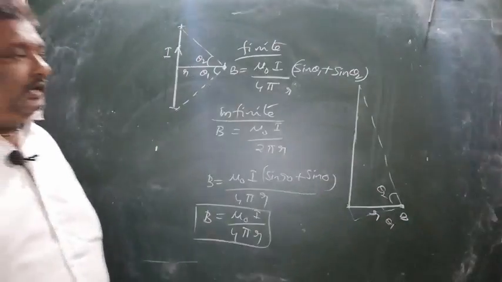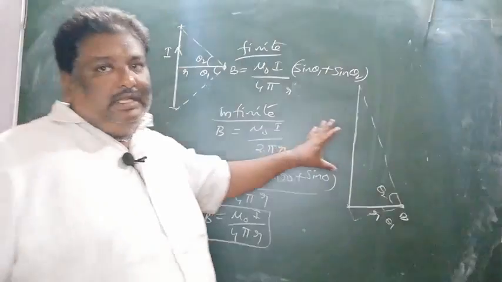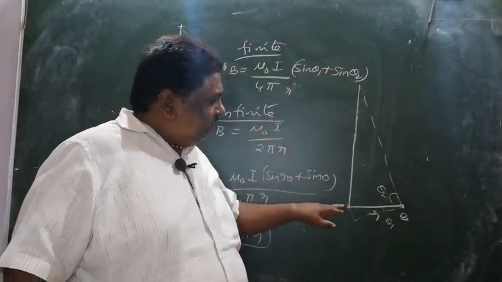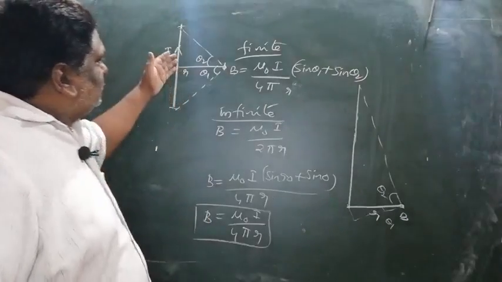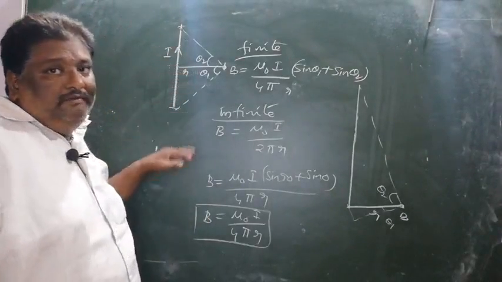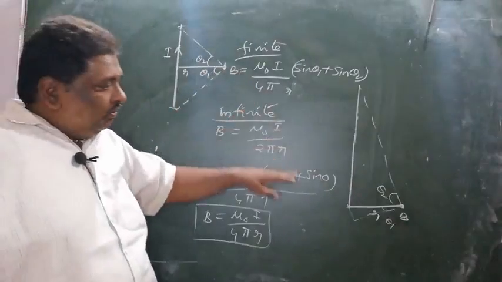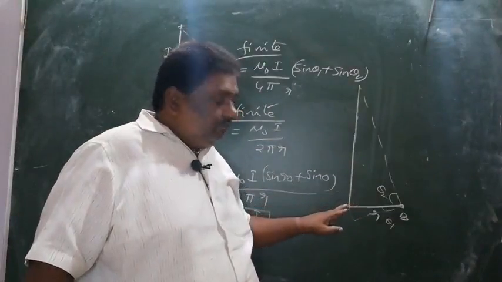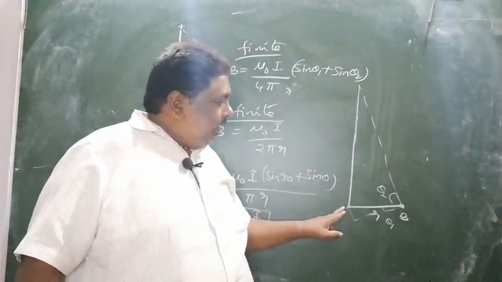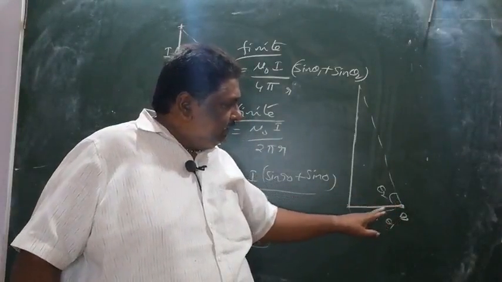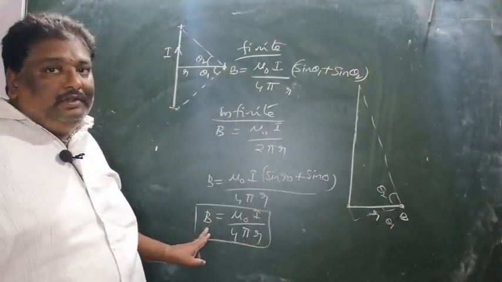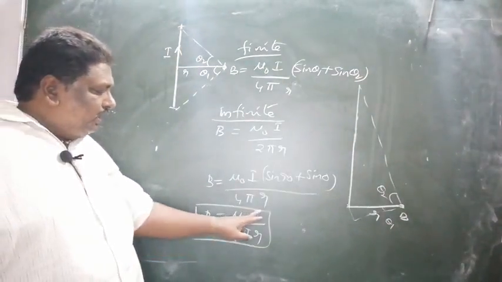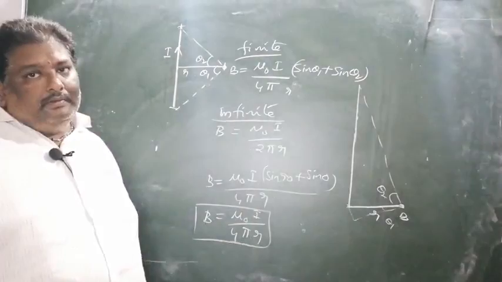I shall repeat again. One conductor is present with infinite length, but from this point onwards it starts. Previously it was upward infinity, downward infinity for that formula. Now from the foot of this conductor at r perpendicular distance, what is the magnetic field? Here the magnetic field is B. What is the B value? B is equal to mu naught I by 4 pi r.